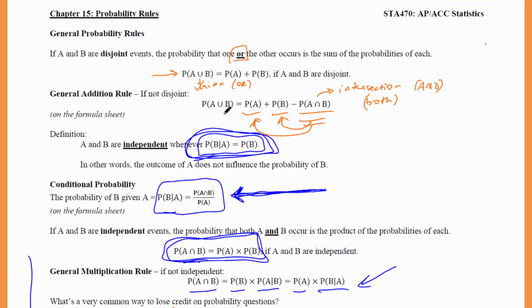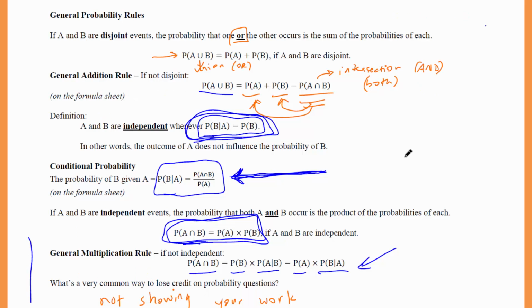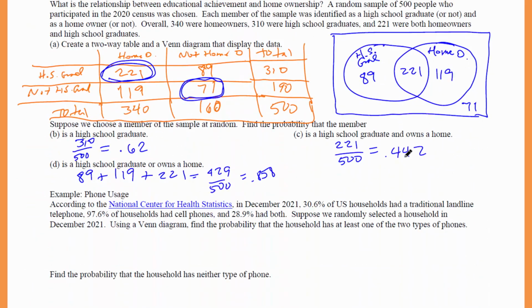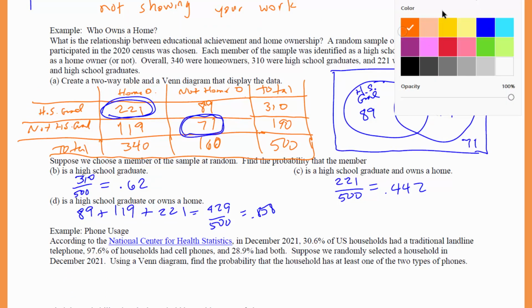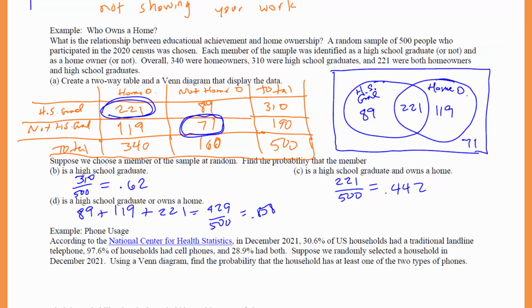Probability of A or B is the probability of A plus the probability of B minus the probability of A and B. So, probability of being a high school graduate or owning a home, we could get by doing the probability of being a high school graduate, that's 310 out of 500, plus the probability of being a homeowner, that's 340 divided by 500, minus the probability of being both, because we want to count it, but we don't want to count it twice.